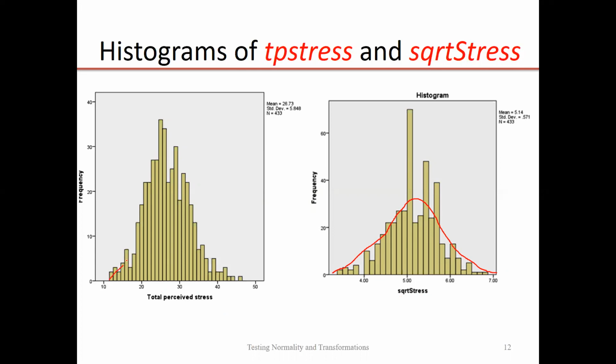As I told you, in the actual graph there is a positive skewness due to these bars. So if these bars are eliminated, then we can see that the data is closer to the normal distribution for square root of stress.